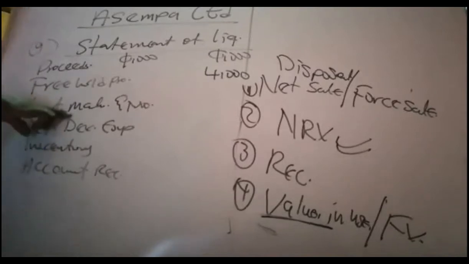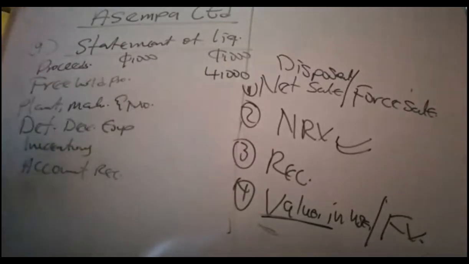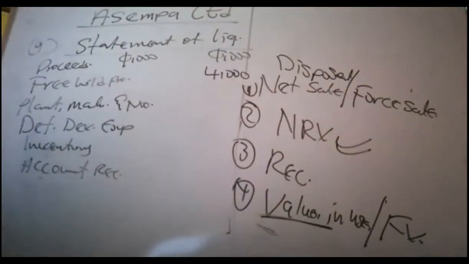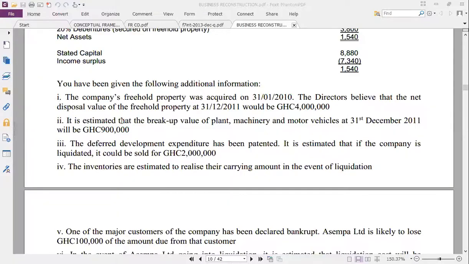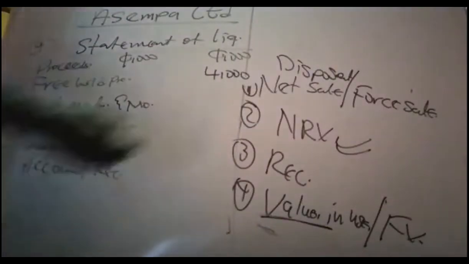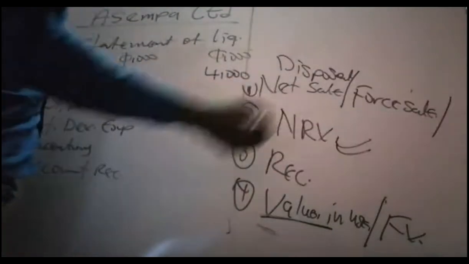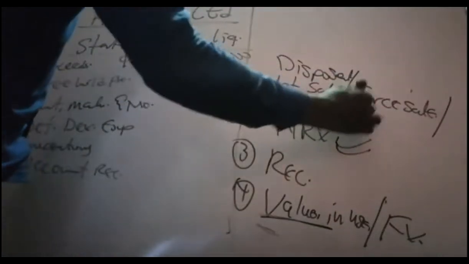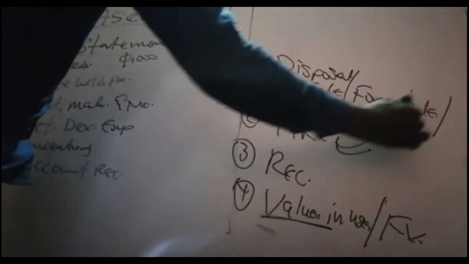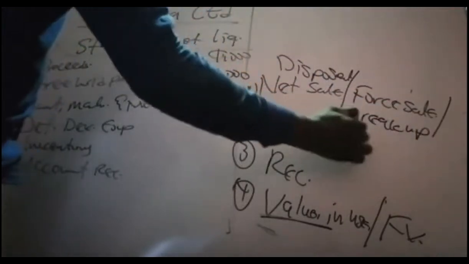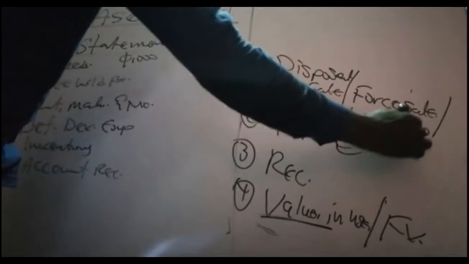So the next item is plant, machinery, and motor vehicle. They should give me the figure. It is estimated that the breakup, another word for sale, is breakup. So for sale, liquidated, or breakup value.